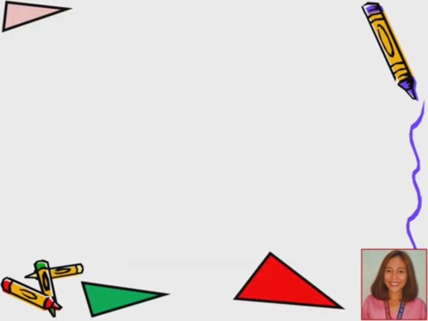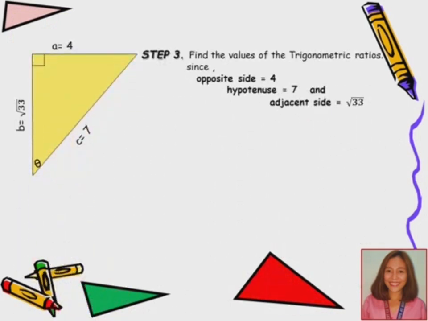So since nakuha na natin yung value ng ating a, b, c, we are going to jump into our next step. So, step 3. Now, last step na po ito, we're going to find the values of the trigonometric ratios.